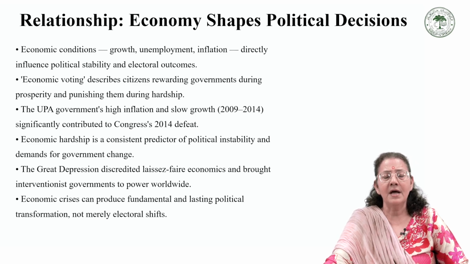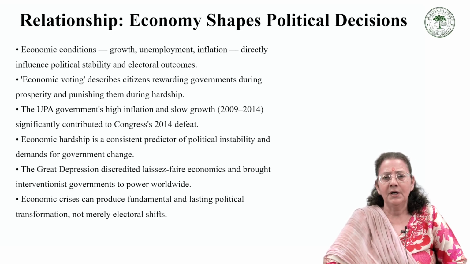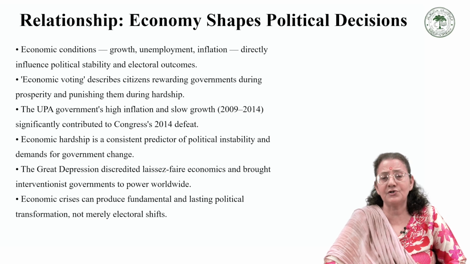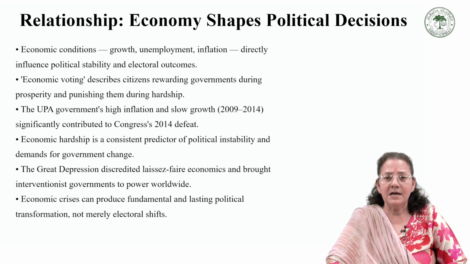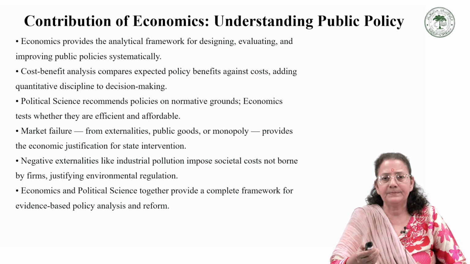These economic and governance failures contributed significantly to the decisive defeat of the Congress in the 2014 general elections. Economic crisis can also produce fundamental political change. The Great Depression of the 1930s discredited laissez-faire economics and brought interventionist government to power across the world.